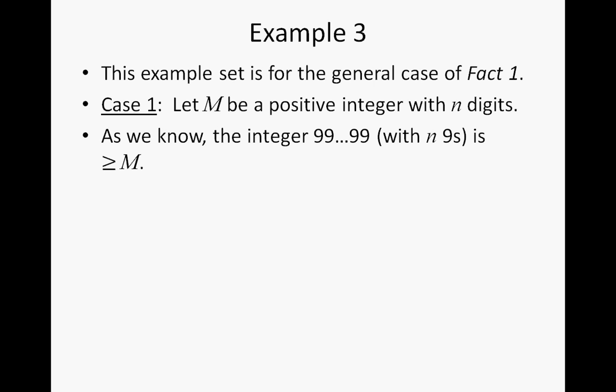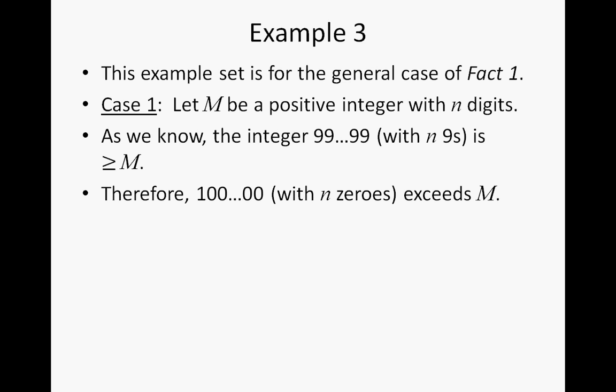As we know, the integer with 99 or any amount of 9s, it doesn't matter how many 9s, is going to be greater than or equal to m. So if I said 47, that's 2 digits, well, 99 would be greater than 47 because it's the same number of digits, 2 9s.